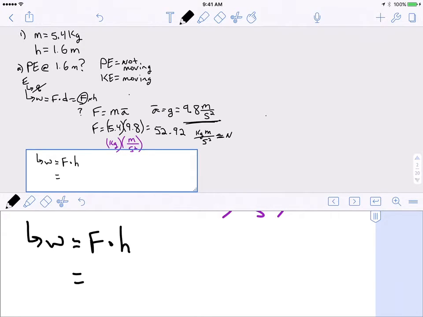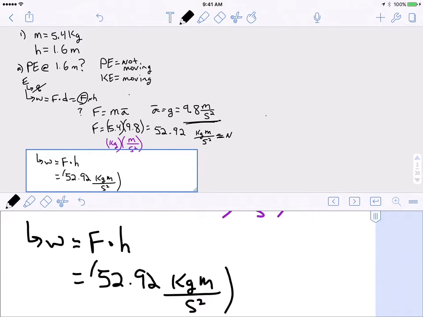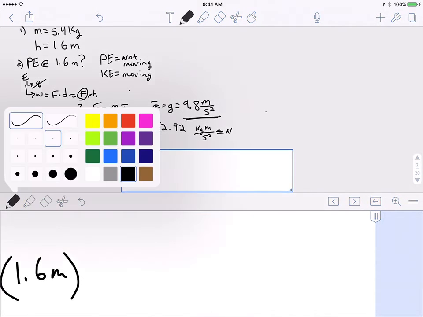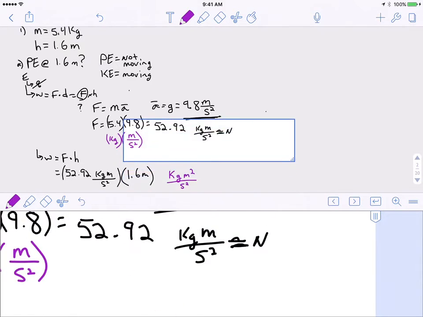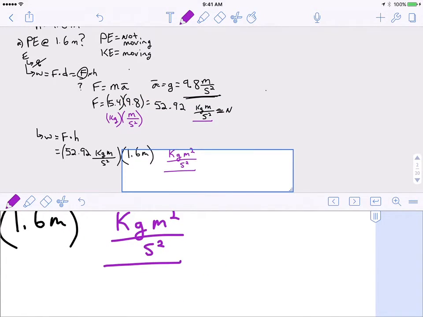The force was 52.92 kilogram meters over second squared, times the height. The height is 1.6 meters. So my units, if I multiply those two together, are going to turn out to be kilograms times meters squared over seconds squared. So what's the difference between this and this?